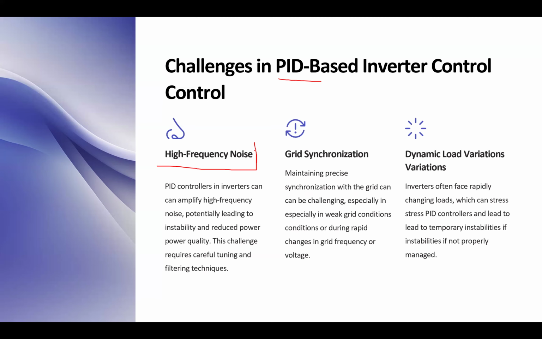Another challenge is grid synchronization. We are talking about measuring that both our targeted value and our current value are time-varying functions. So they are either voltage or frequency or current. They are continuously changing through time.